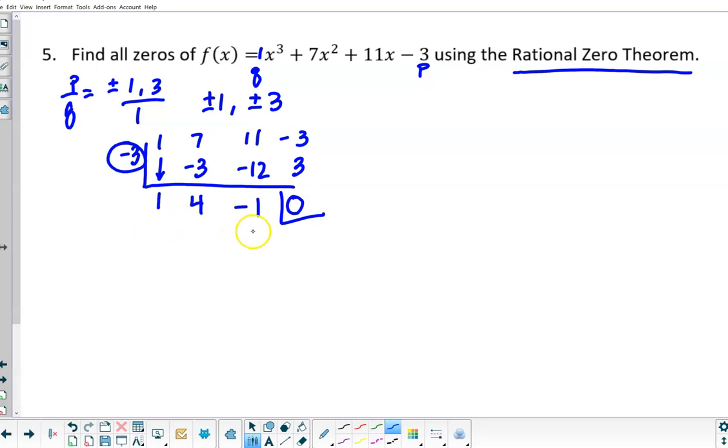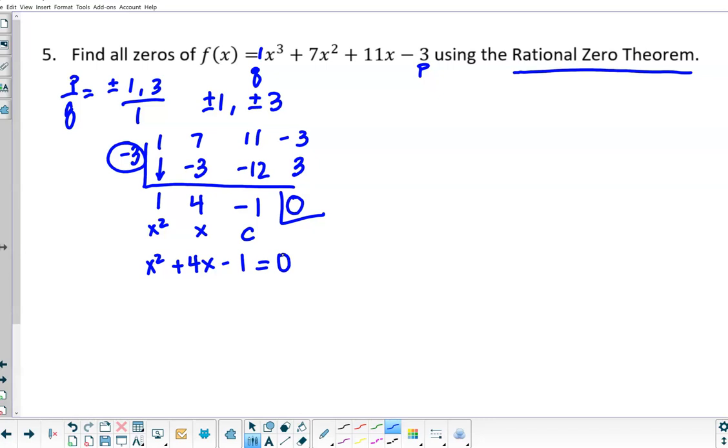So we're going to use this. This is our constant, our x, and our x squared. So we get x squared plus 4x minus 1. Remember, we're solving to find the zeros, so we're going to try to factor it. If you look for factors of 1, it's 1 and 1. There's no way to add to 4, so it's not going to be possible for you to factor that.